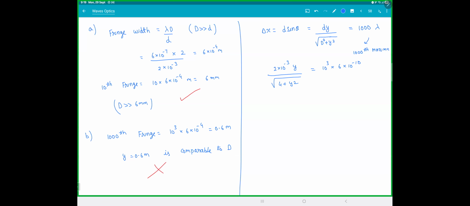No, something is messed up. 6000, no? Hmm. How much will that be? By root over 4 plus y square is equal to 0.3. This will be 100 y square is equal to 9 into 4 plus y square. This y will be 6 by root over 91. That's your answer.